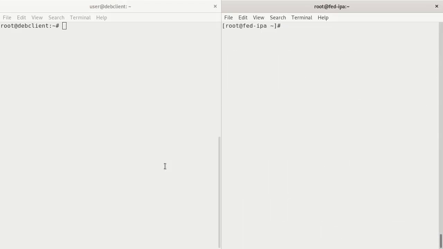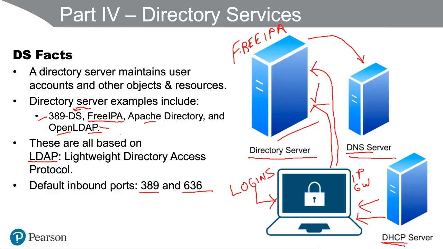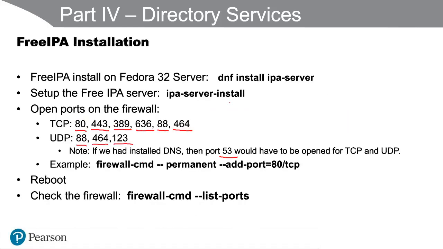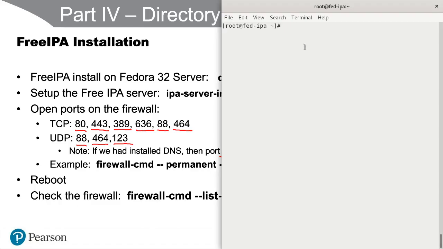And as I mentioned, we do have to set up the firewall. I was talking about that here. We have to open those ports. So we can do that now. I have a lot of windows open, so please bear with me. And we'll do that with the firewall-cmd command.